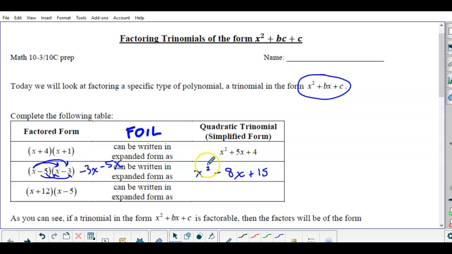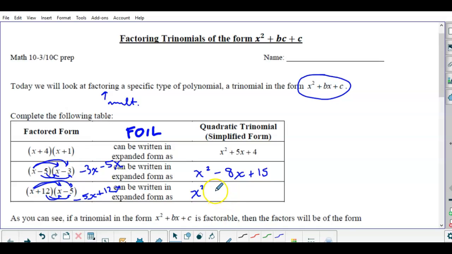So today we want to go from this form here back to the factored form. Factored means they're multiplied together. Okay. Next one, first together is x squared. The outside together is negative 5x. Inside is 12x. And last terms together, negative 60. So let's collect those like terms.